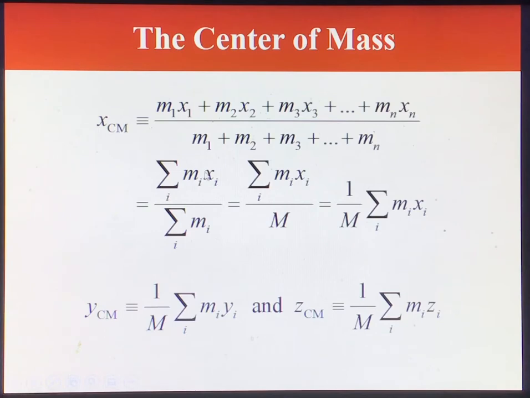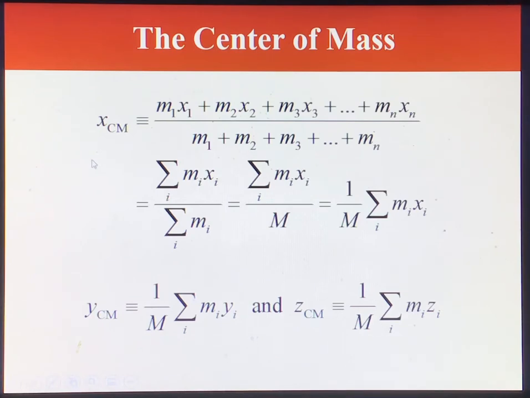Now, generally, if the masses are not just placed on the x-axis, but if I have a system where some of the masses are also placed in the xy plane, then it means that the center of mass is going to be a vector. So I can calculate the x center of mass using this equation, the y center of mass using this equation, and the z center of mass using this equation.